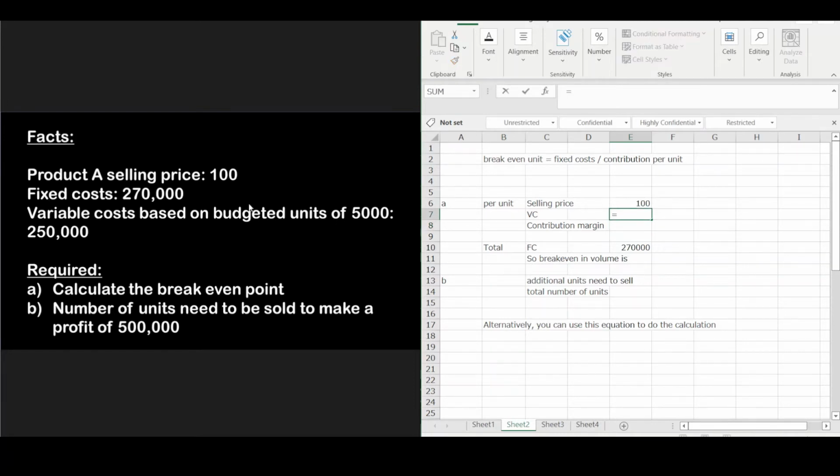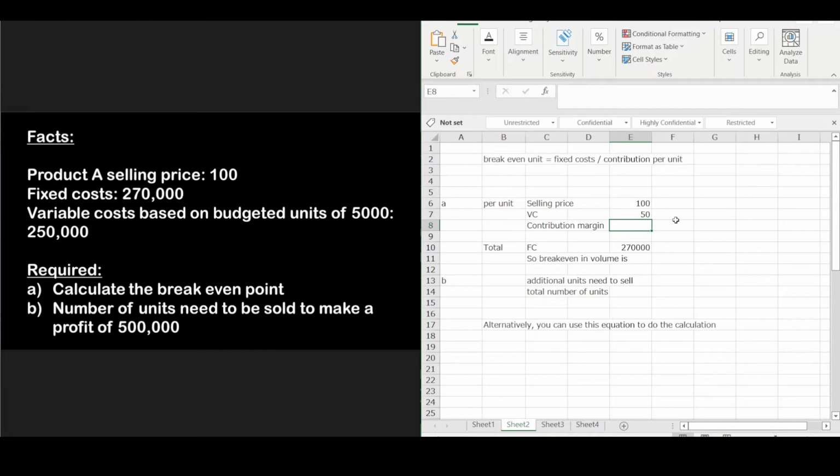We know the total variable cost is 250,000 and the budgeted units is 5,000. So if we divide the total 250,000 by the number of units, which is 5,000, you will get variable cost per unit. So now we have selling price per unit and variable cost per unit.